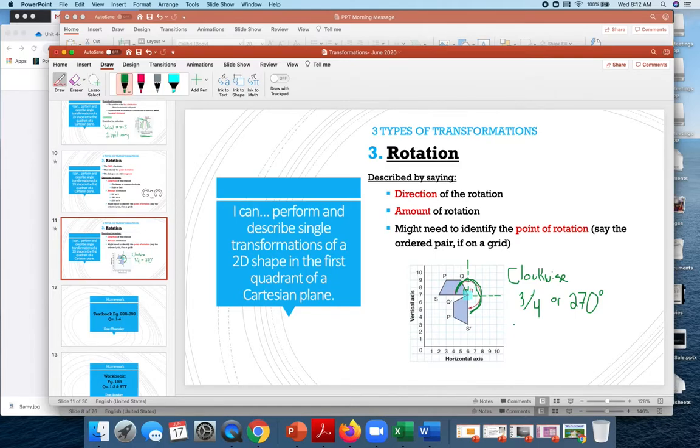So it rotated, I can say rotation or around, it might say around rotation point. Always we say the ordered pair, in brackets. So R is at 6,7.